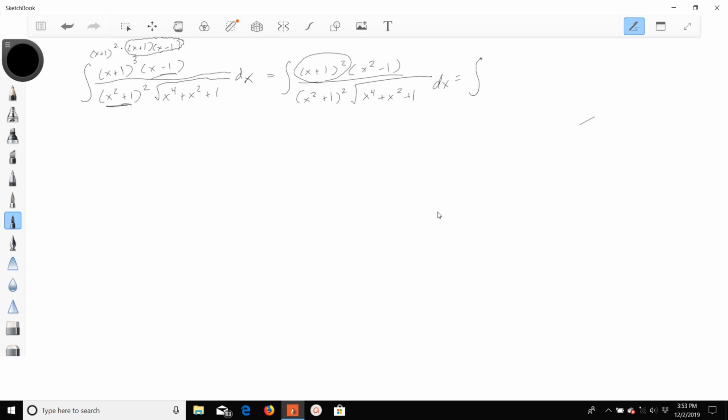It's not a big, huge expansion or anything. So x squared plus 1 plus 2x times x squared minus 1 over x squared plus 1 squared times the square root of x to the 4th plus x squared plus 1 dx.